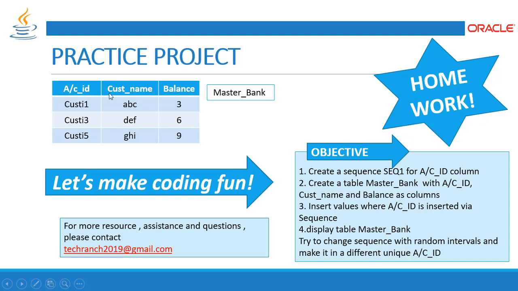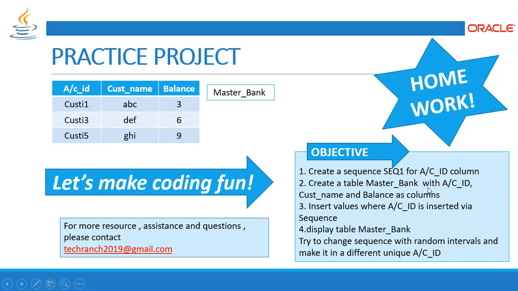Account ID and customer name are variable character type and balance is number type. What you have to do is, first you have to create a sequence, sequence 1, for the account ID column. We are going to use it for inserting the values in the master bank using sequence in the account ID column.